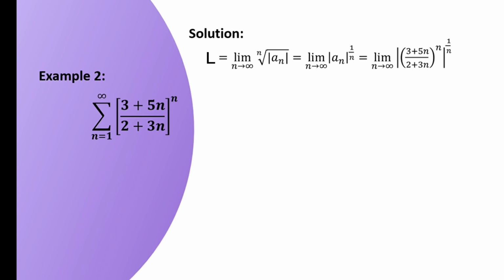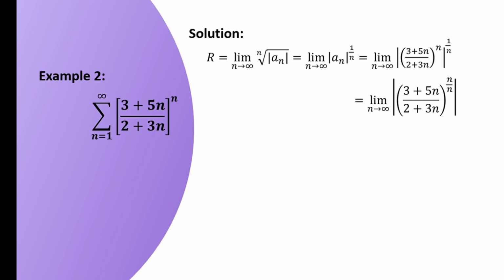Okay, so the next thing to do is plug in the value of a sub n. So it becomes the limit of the absolute value of 3 plus 5n over 2 plus 3n raised to the power of n raised to the power of 1 over n. Distribute the exponent outside the absolute value, which is 1 over n, to the exponent inside the absolute value, which is n. And to evaluate that, it becomes n over n.